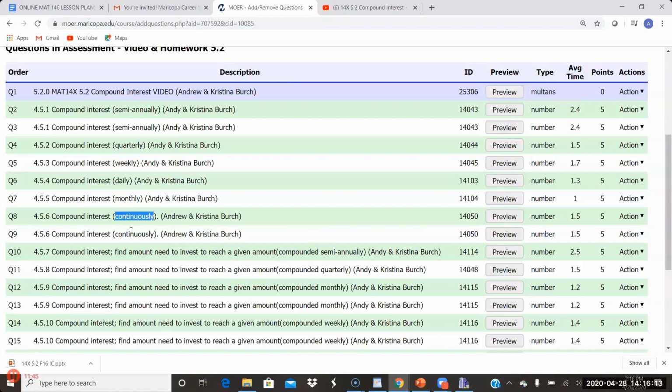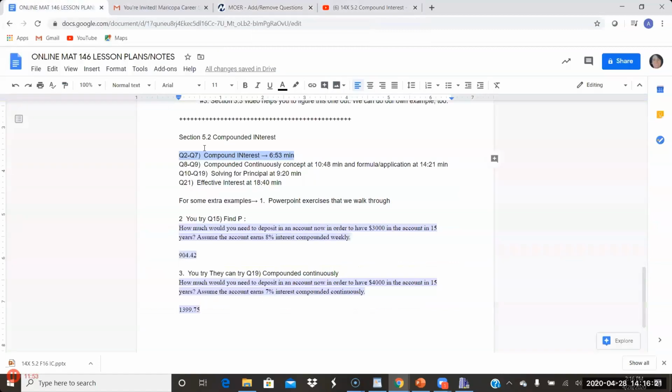And I like how the video introduces the concept. And that is going to be right here. Compounded continuously. The concept is at 10 minutes and 48 seconds in the video. And then he goes into the formula and an example 14 minutes and 21 seconds in.